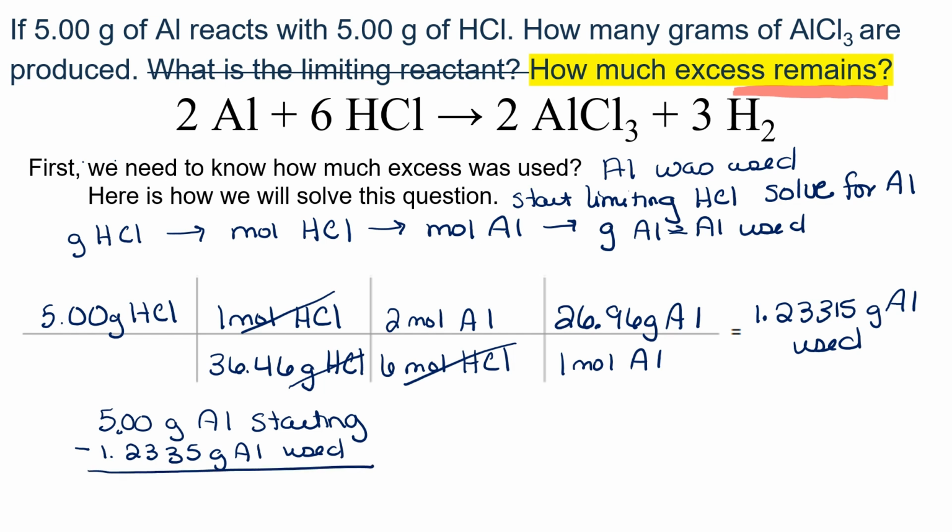And that difference is the aluminum that remains. How much aluminum was left over when I was all done with my reaction. Now I need to give that answer in the correct significant figures. Because it's a subtraction problem, I'm going to answer to the hundredths place. So this is going to be 3.77 grams of aluminum remains.